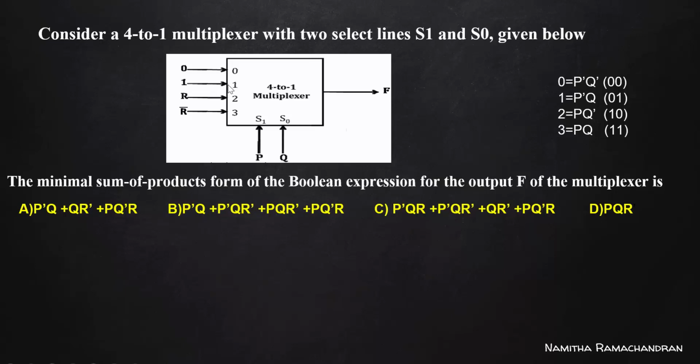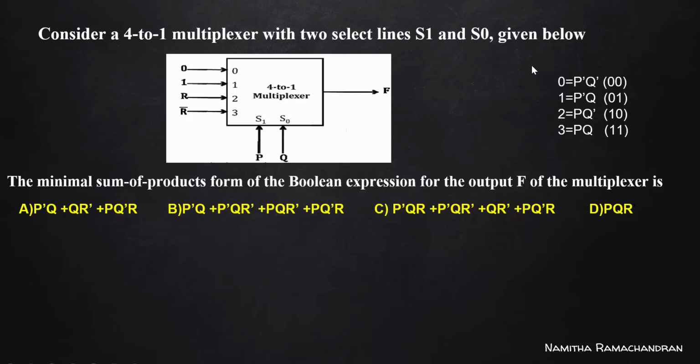The first input line is assigned with an input value 1. The second input line is assigned with an input value R, and the third input is assigned with a value R bar, and selection line S1 is assigned with value P, and S0 is connected with Q, and there is only one output line.